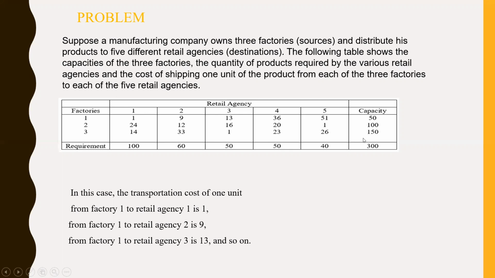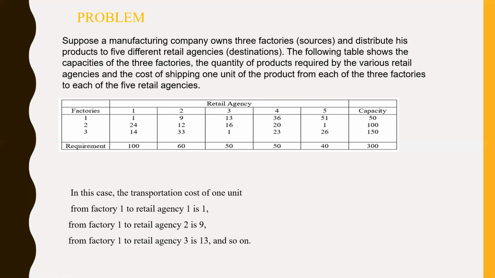factory 2 is 100, factory 3 is 150, and the requirement of retail agency 1 is 100, retail agency 2 is 60, retail agency 3 is 50, retail agency 4 is 50, retail agency 5 is 40.